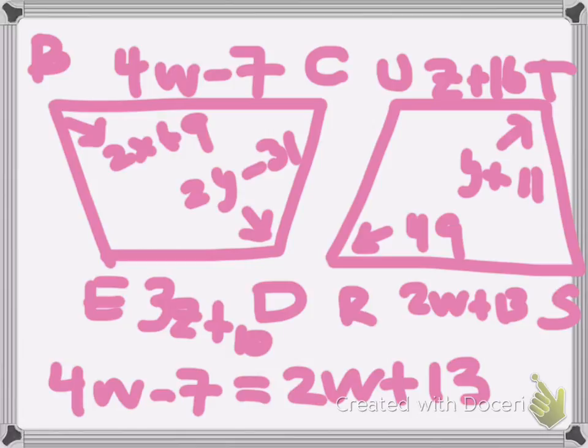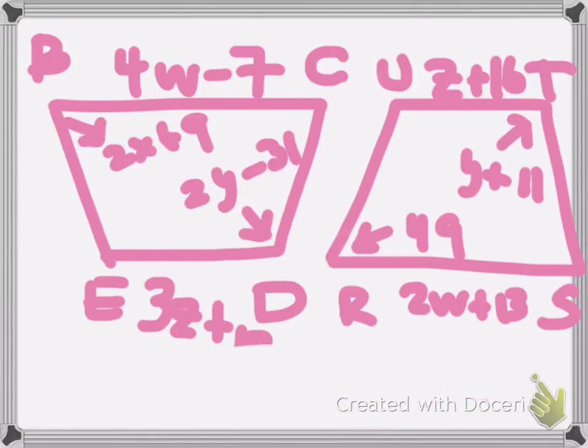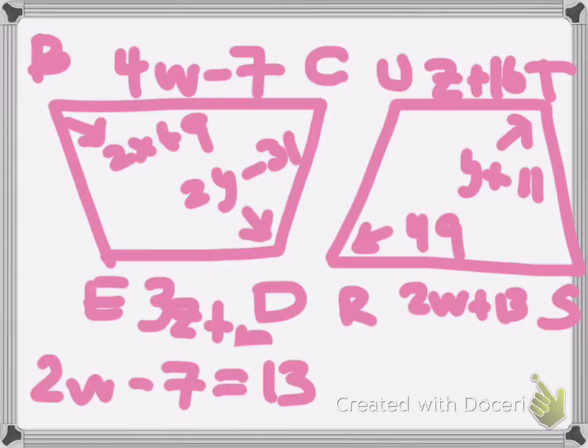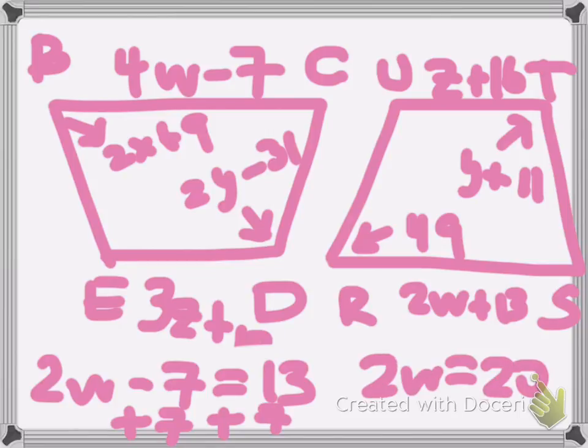So I should get 2w minus 7 equals 13. So I'm going to keep solving for w. So I get 2w equals 20. So w would have to equal 10.